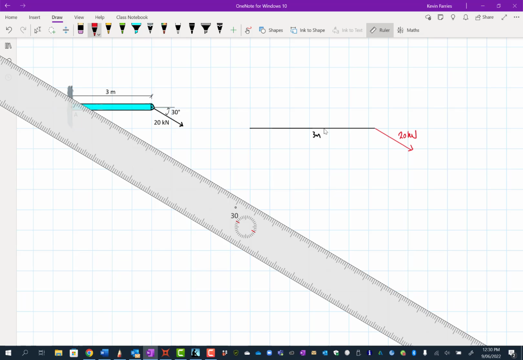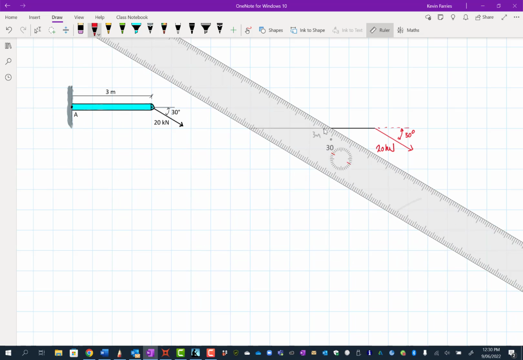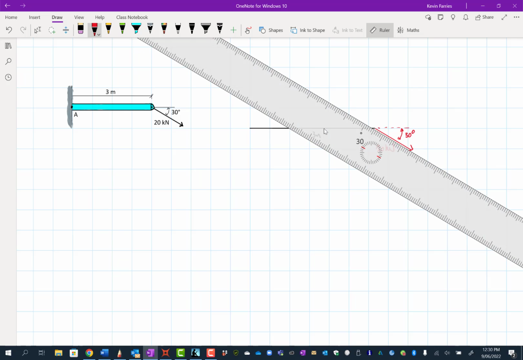Later we'll do this by calculation, so I'll just move that out of the way and write the angle as well. So we're drawing it to scale, that's at 30 degrees.